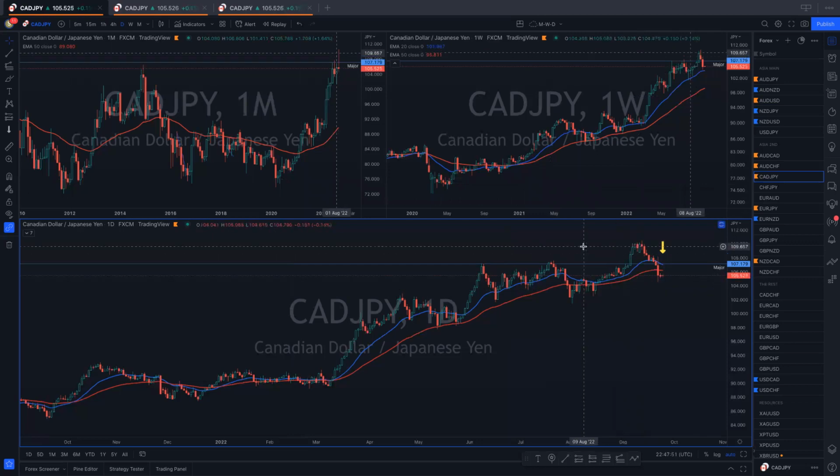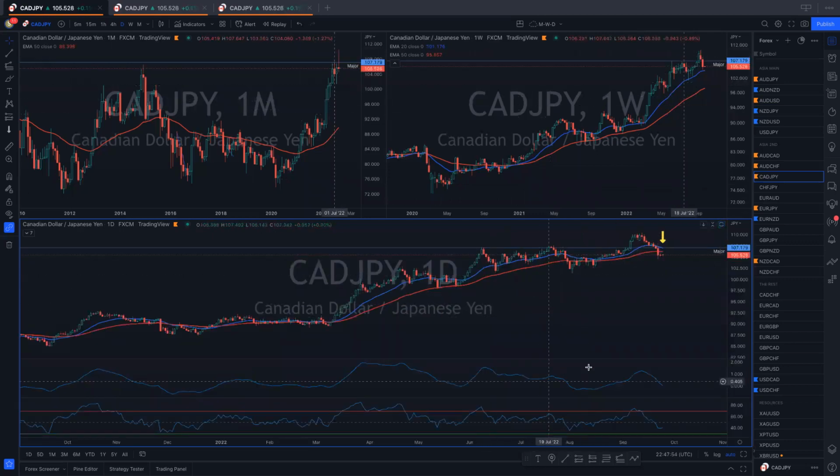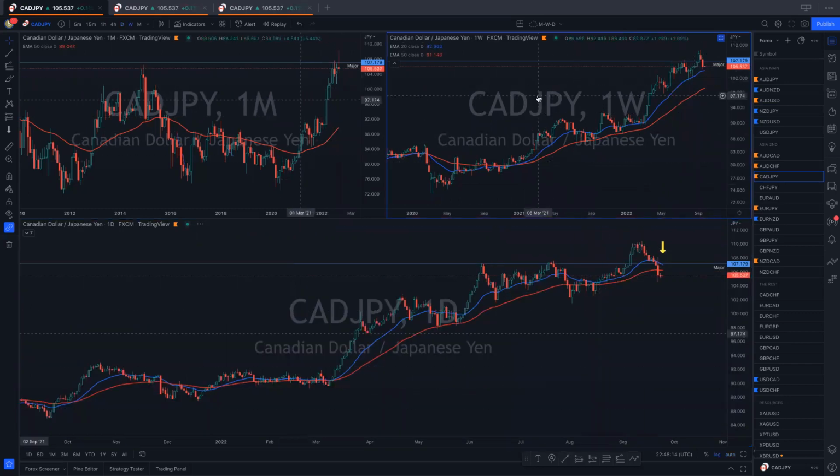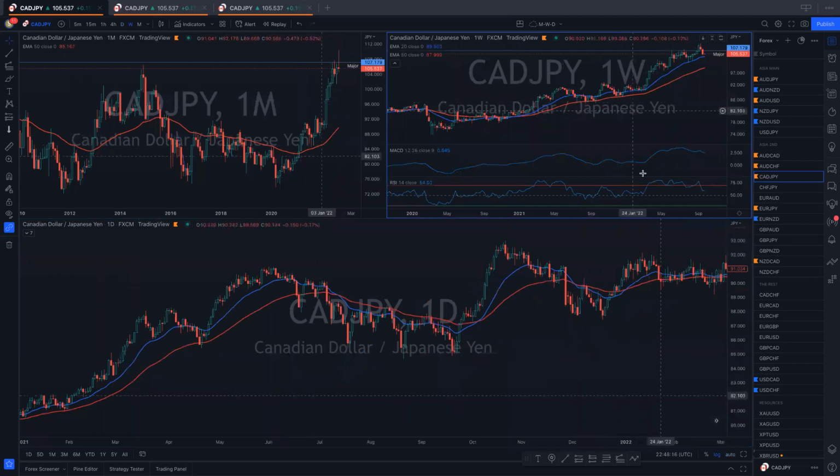We look at the daily. This is on the CAD yen as an example. It's quite typical for a lot of the yen pairs. We've got MACD from here to here to here, MACD divergence. Those highs are getting lower on the MACD. So some MACD divergence implying lower prices. And even looking at the weekly, we've got what have we got on the weekly?